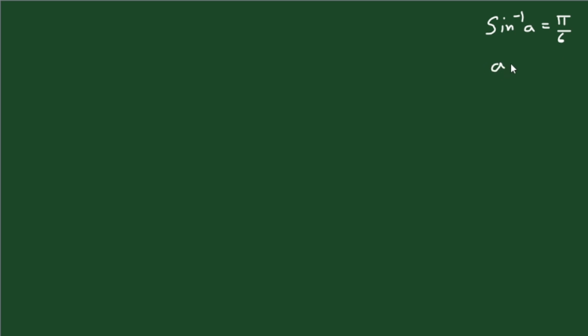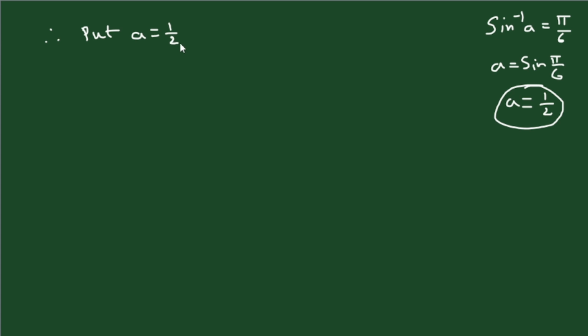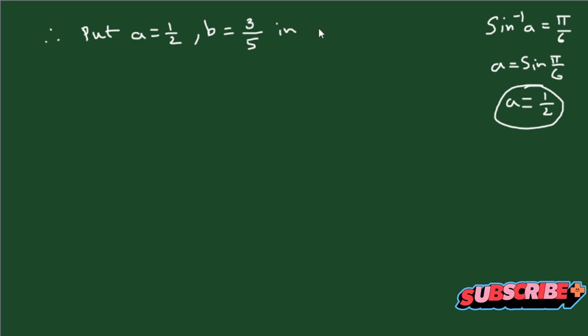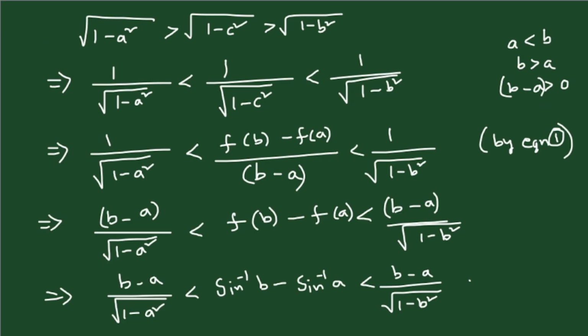That means a equal to sin pi by 6. Sin pi by 6 is sin 30, which is half. Therefore, put a equal to half and b equal to 3 by 5 in equation 2. Which is equation 2?